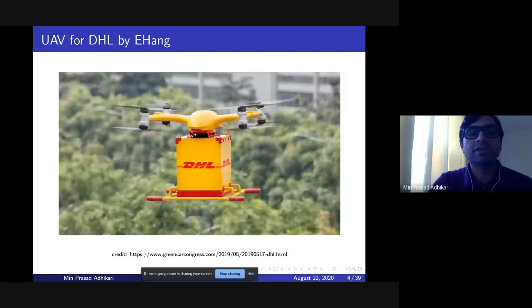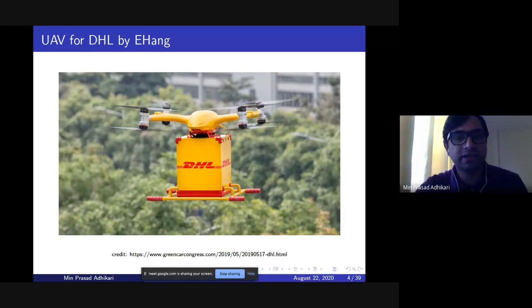One example is the UAV for DHL by EHang. EHang is a Chinese company, and I think they were really popular a couple of years ago when they made autonomous passenger carrying drones. They are partnering with DHL to make drone delivery possible using this quadcopter.